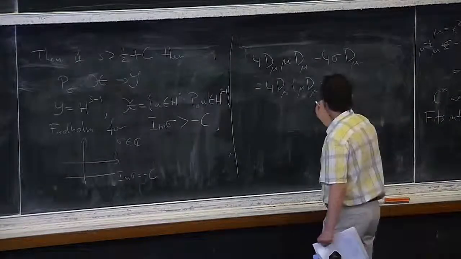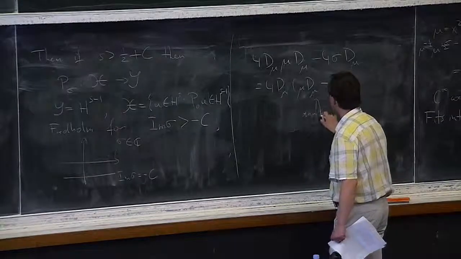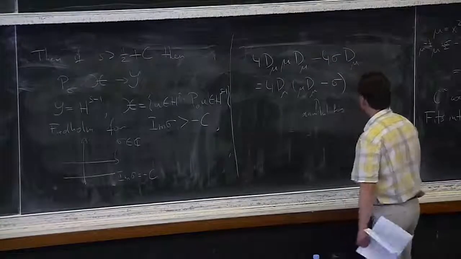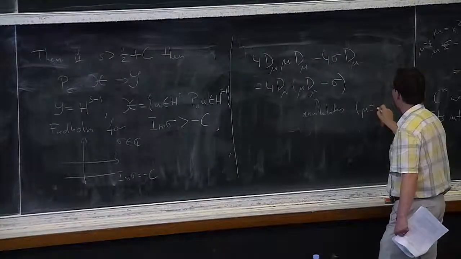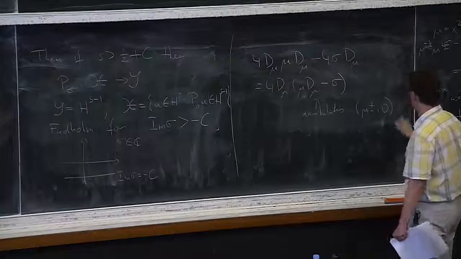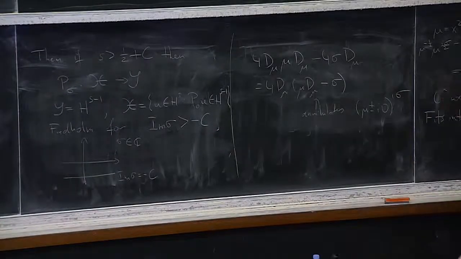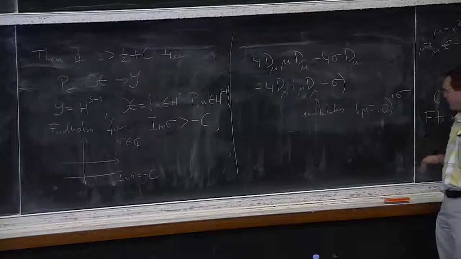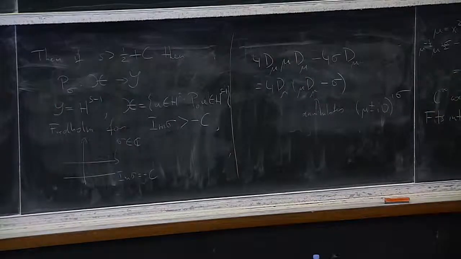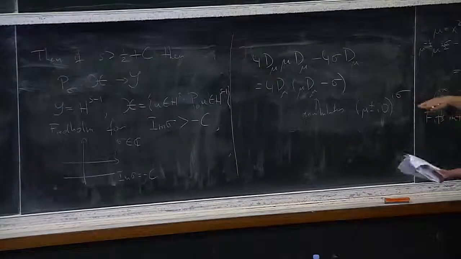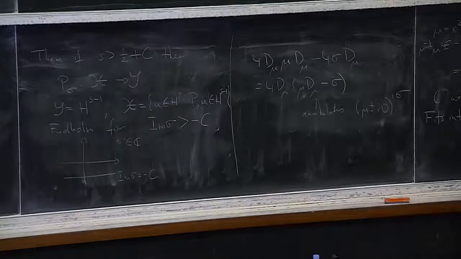So the thing is that this annihilates the distributions (mu plus minus i0) to the power i sigma. These are limits of (mu plus or minus i epsilon) to the power i sigma, where we go to the real axis from one side or the other.